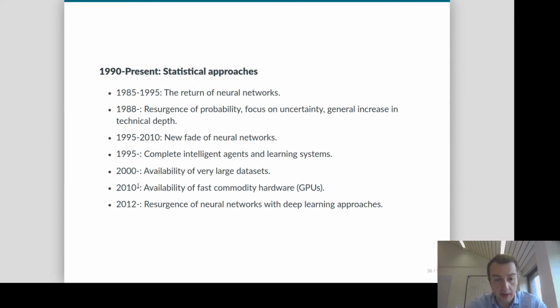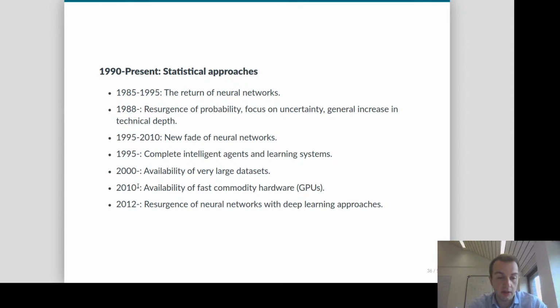In 2010, it's also around this time that very fast commodity hardware became available. At least regarding neural networks, you need a very efficient and performant machine to run them, and GPUs are a solution to this problem.